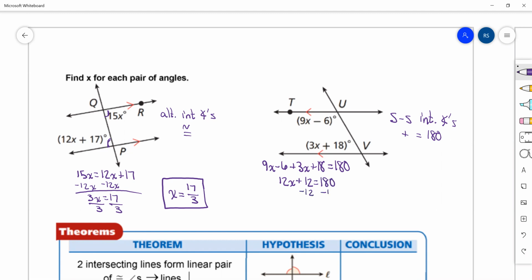Subtract 12 from both sides. You get 12x equals 168 divided by 12. And you get x equals 14.